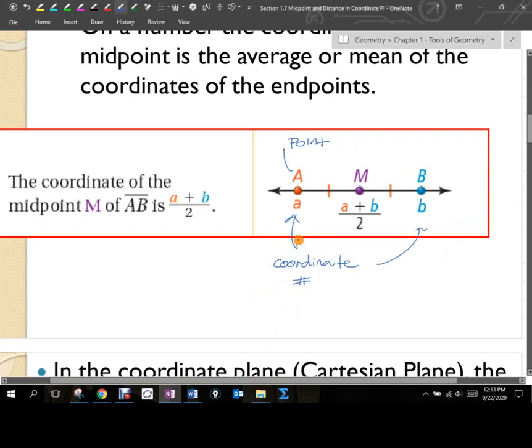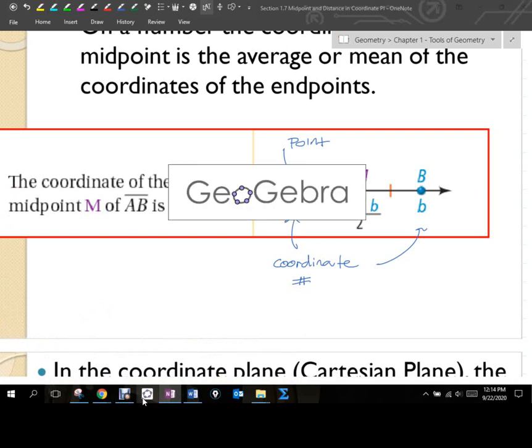But you see the formula there to find the location of the midpoint M. All it's doing is taking the A coordinate, taking the B coordinate, adding them together and dividing by 2. It's that easy. That's all you've got to do. So if I have, we'll just do this on GeoGebra real quick.